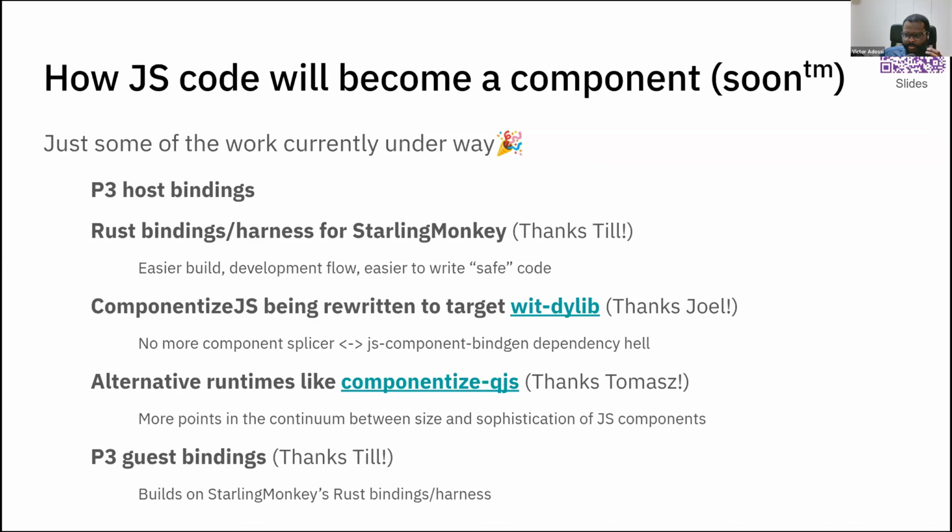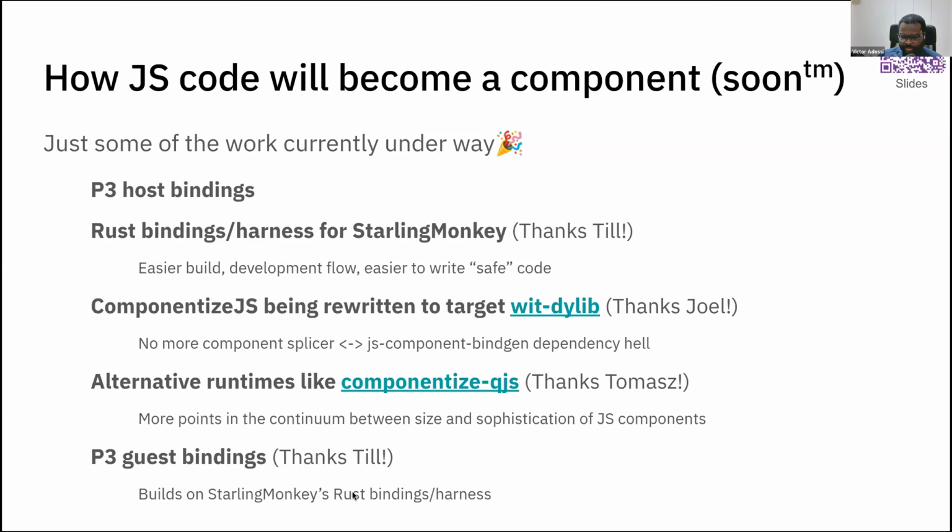And so that exploration is a combination of WIT dylib and this QuickJS new generation project, to see what it would look like to build a componentize that is not dependent on StarlingMonkey in particular, but uses a different JavaScript engine on the guest side, right? So on the component side.